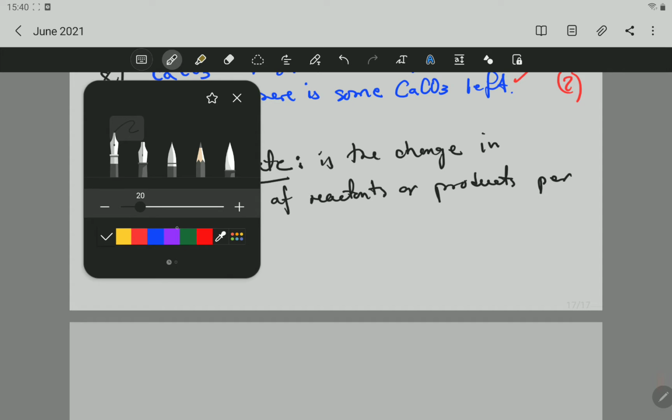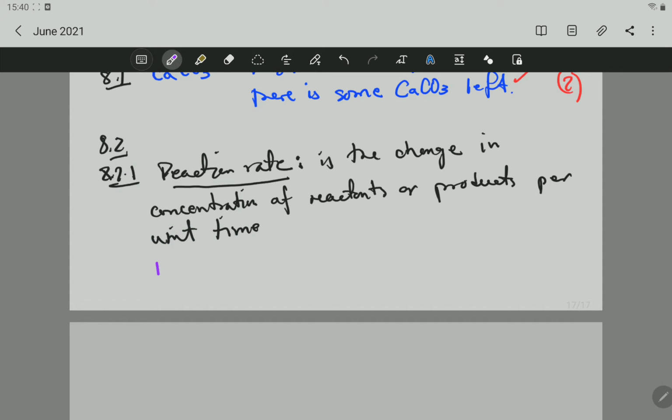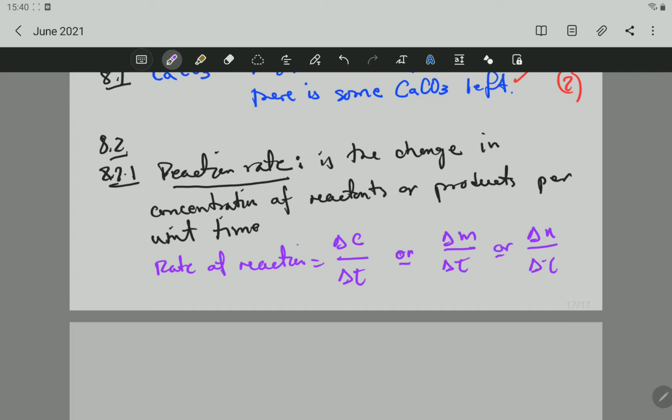We can always write the formula. Rate of reaction is equal to the change in concentration of reactant or product per unit time. It can also be calculated by the change in mass per unit time, or even the change in number of mole per unit time, or change in volume per unit time.